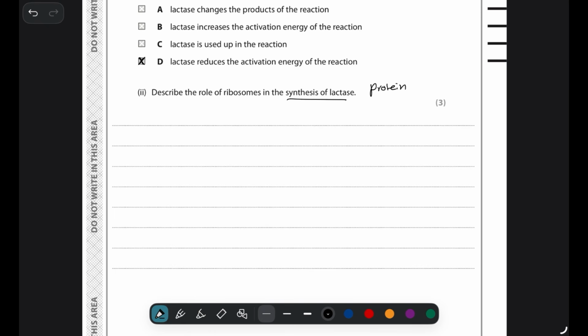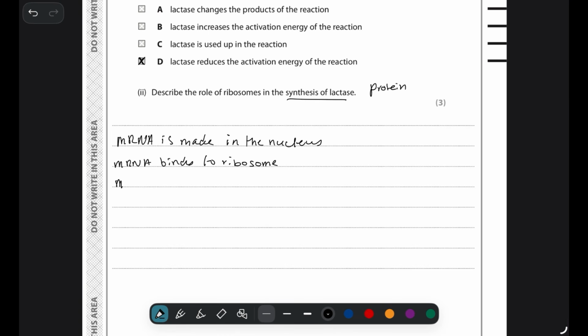We're going to say that mRNA is made in the nucleus. Okay. What happens? Well, mRNA binds to the ribosome. Okay. Now, what happens with the ribosome? Well, the ribosome is going to read the mRNA in groups of 3 called codons.